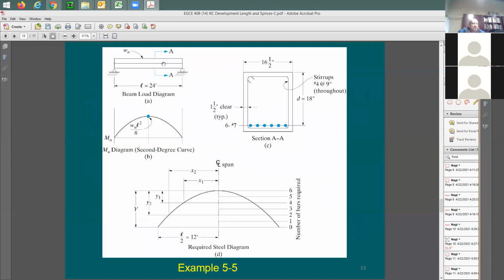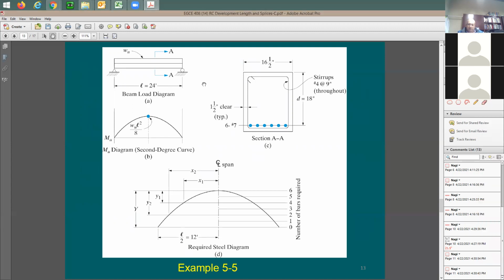So we draw the beam, uniformly loaded, as I said. Here's the moment diagram, here's the span, and here's the section through the beam. Are you guys following me? Yes? Okay, very good. We have here 6 rebars.